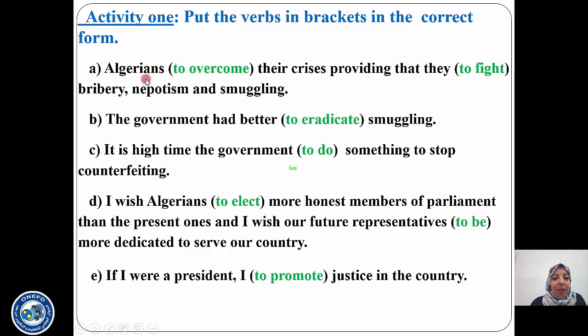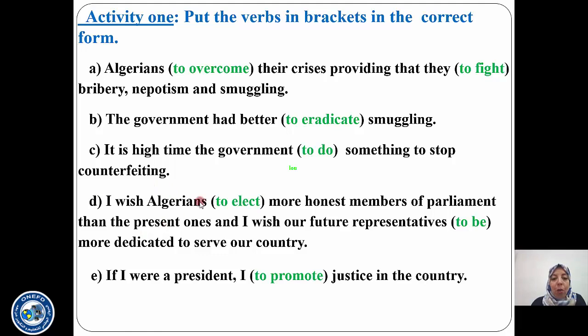Okay, so in the second one, for example, the government had better to eradicate. So how should the verb be after had better? Okay, again, it's high time the government to do something to stop. So how should we use the verb after it's high time? Again, with sentence D, I wish. Okay, what tenses should be used with I wish?